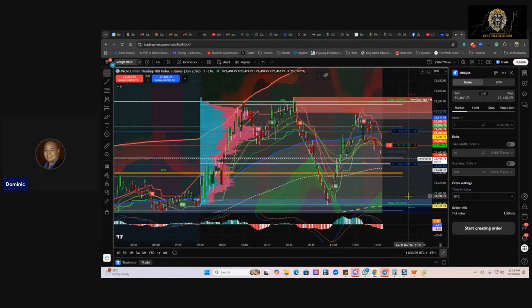Oh man, it didn't fill. Bouncing off that value area low. That's what it's doing. Let's see if we can test that again. Past 200 at least. 75.